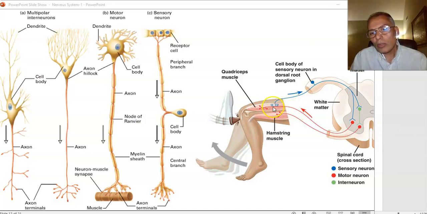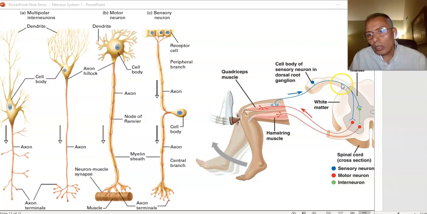So the sensory neuron here connects with the muscle fibers of this muscle. And so you have the dendrites embedded into the muscle fiber. And then the axon continues to travel, and the body goes as the axon approaches the trunk.